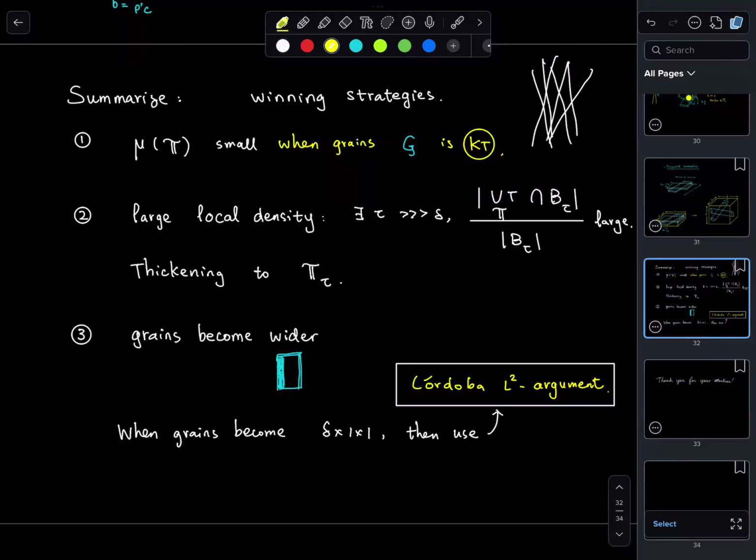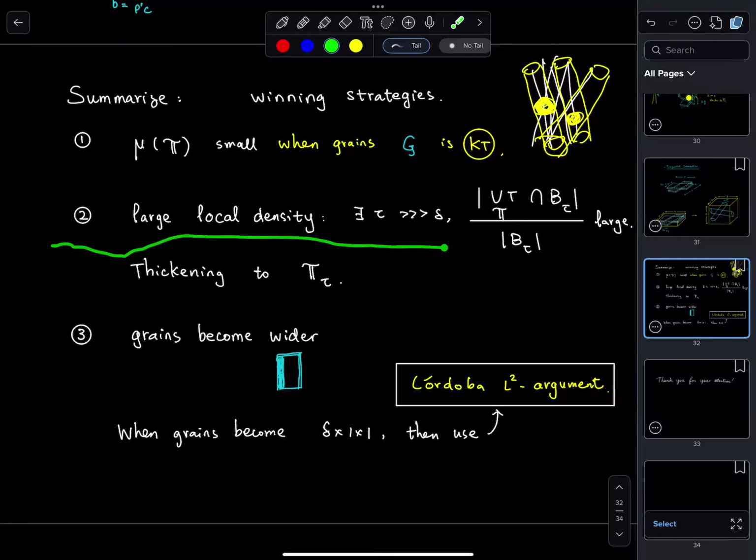If we can say that for a typical larger ball that is intersected, the union of tubes fills out this ball or has large density in those balls, then we can apply induction and thicken everything to the radius of the ball. And we also gain because the density is large. So the second winning strategy is when we have large local density.